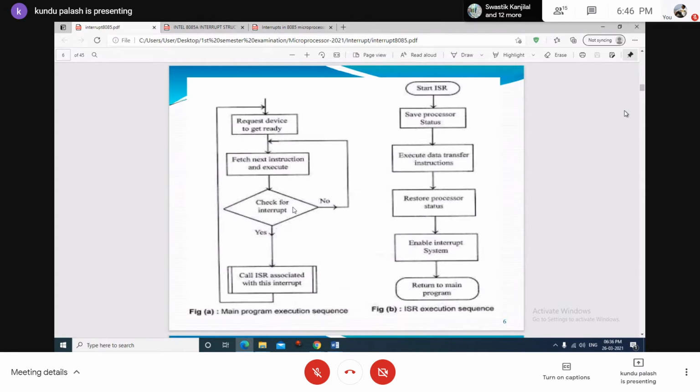If the interrupt has occurred, it will suspend the mainline program and invoke the ISR associated with that interrupt. After finishing, it will again go to fetch instructions from the main program. And on the right hand side is the flow diagram of the interrupt service subroutine.